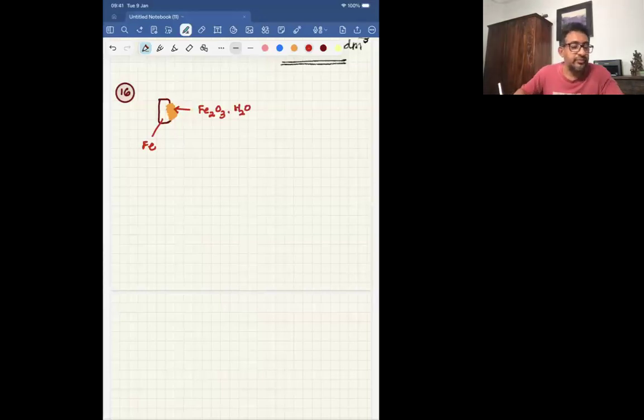Hydrated. A small sample of the rusted iron was dissolved in excess dilute sulfuric acid to give a 250 milliliter solution. So now the volume is 250 milliliters. The solution contains Fe+2 from the unrusted iron dissolving in the acid and Fe+3 from the rusted iron.